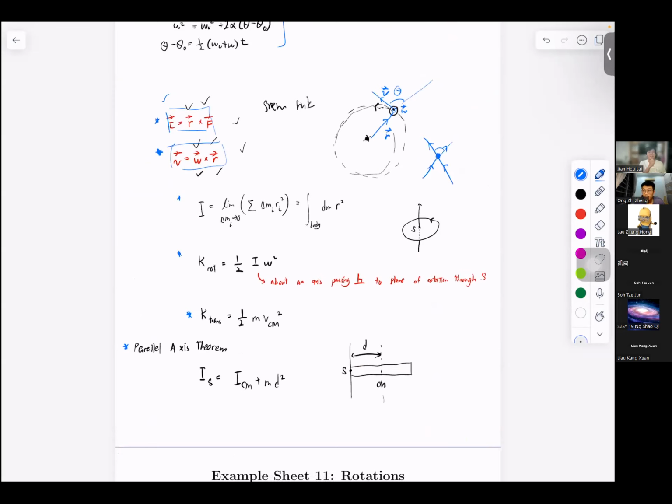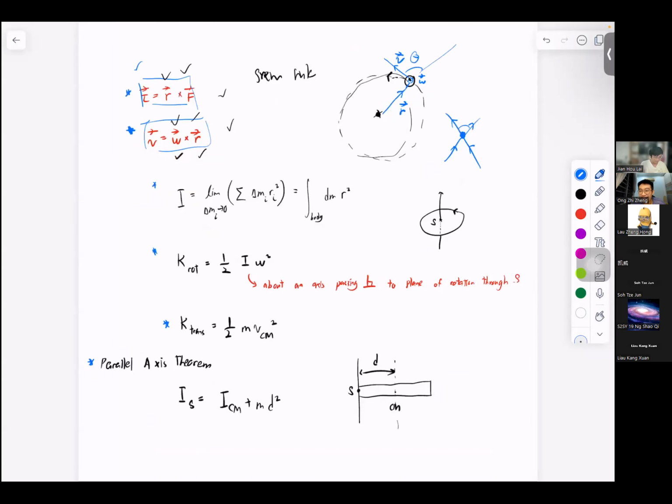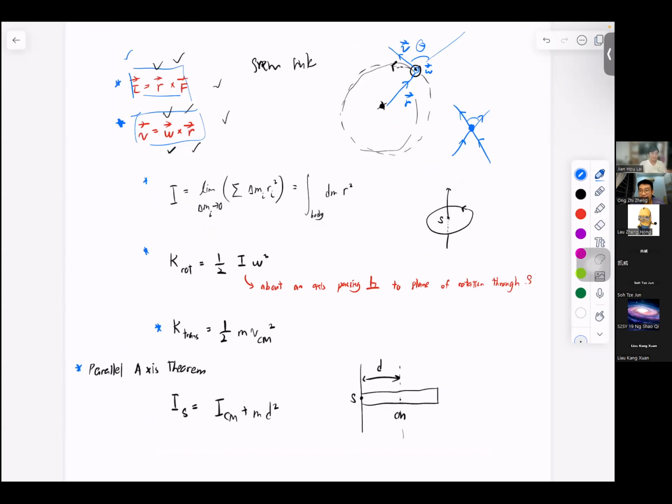Something is moving, and then inertia is quick, then not moving? Any idea what inertia is? When we talk about inertia, what things come to mind? Okay, mass.